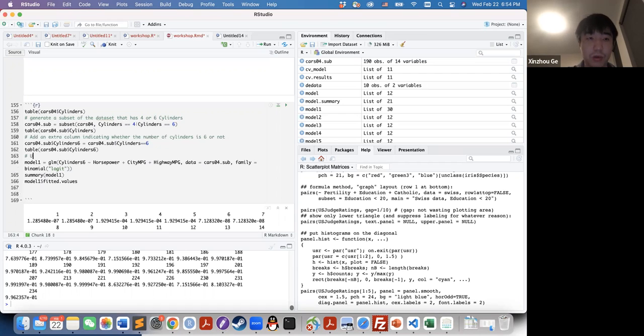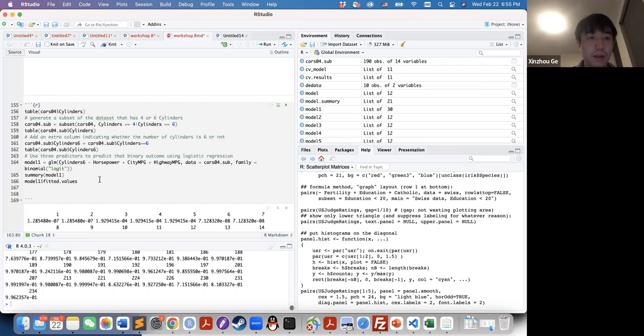And then we use 3 predictors to predict that binary outcome using logistic regression.